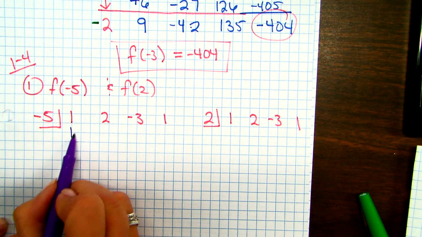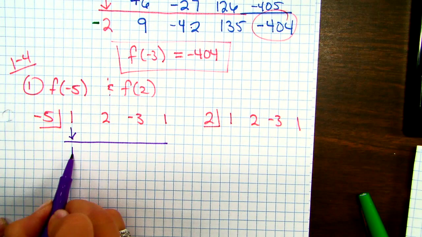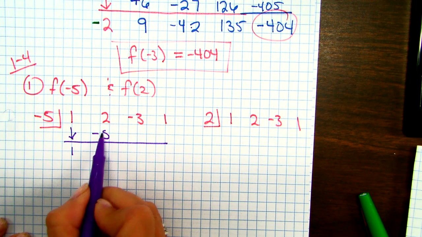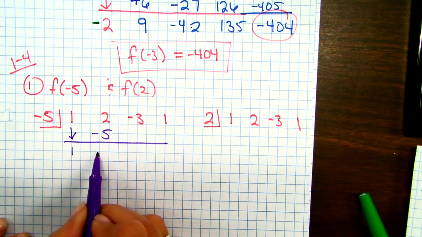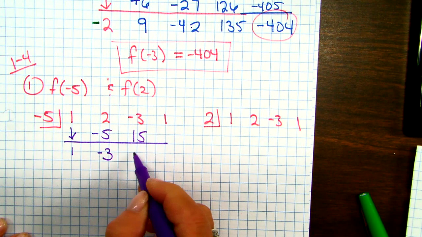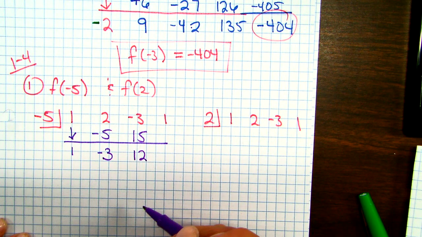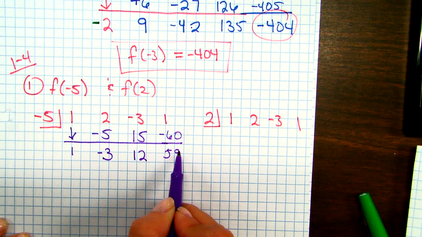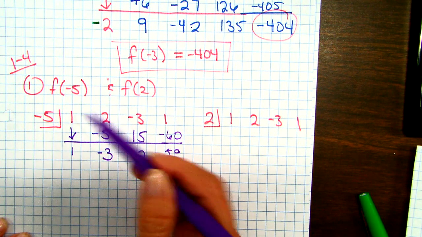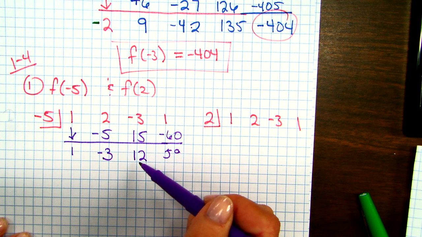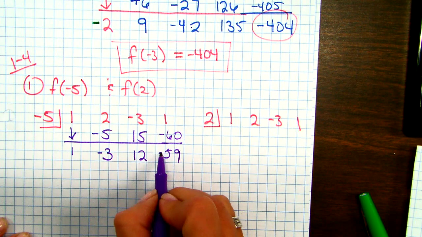Negative 5, negative 3, 15, 12, negative 60, negative 59.